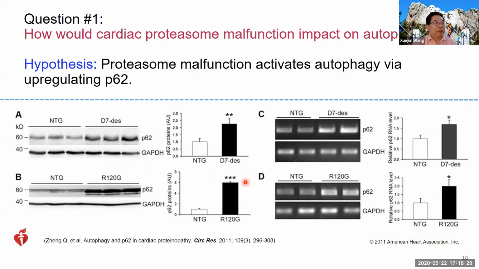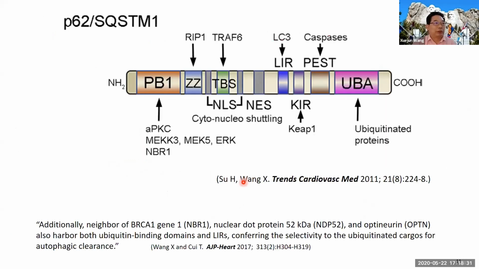So what is P62? P62, also known as sequestosome 1. Here is the domain structure of P62. P62 is uniquely positioned to mediate the removal of ubiquitinated proteins by autophagy, at least structurally. At the C terminal you have the ubiquitin-binding UBA domain that binds ubiquitinated proteins, especially polyubiquitinated proteins.